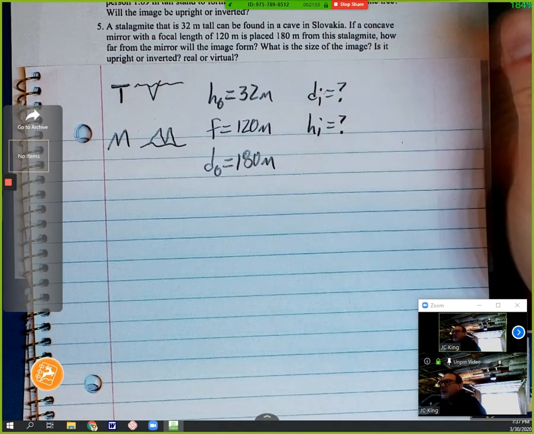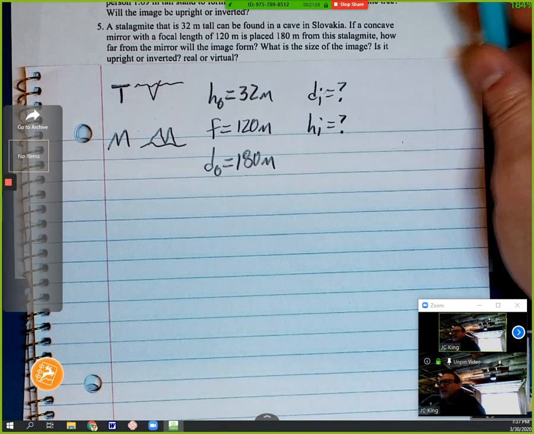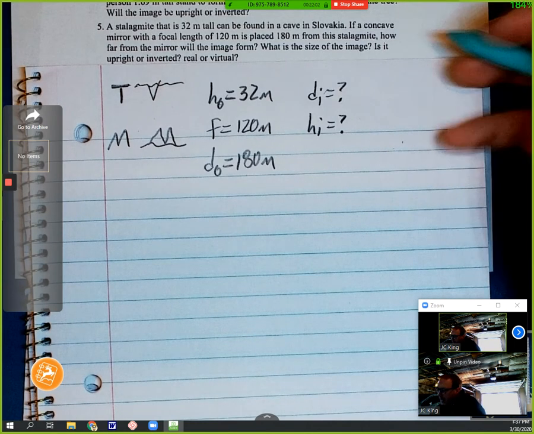Is it upright or inverted, real or virtual? You know, we can go ahead and answer those right now, okay? Because if we've got a concave mirror, right?